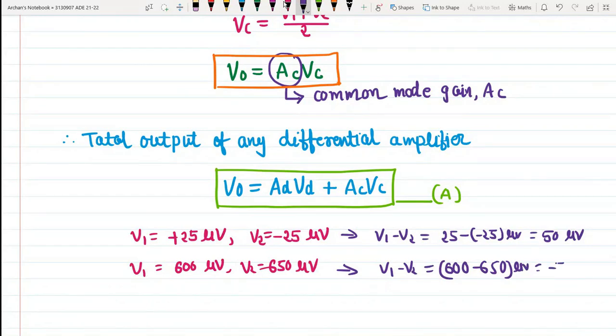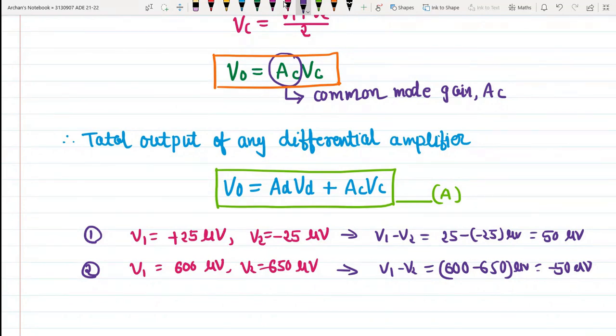This is also 50 microvolt. Okay, so we have considered these two different cases, but here you can see the difference between the two sets of inputs is 50 microvolt only. Still the output will not be the same.